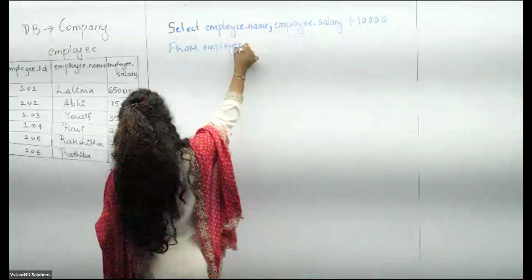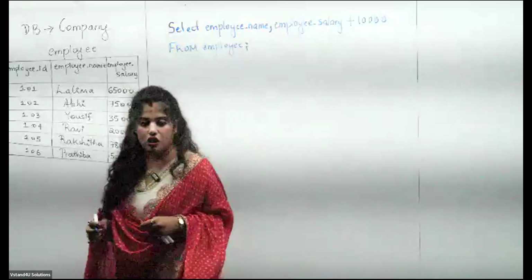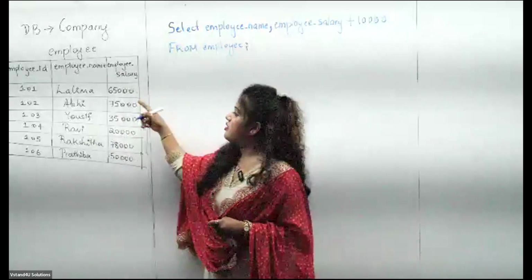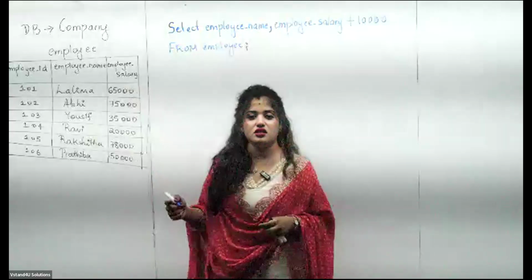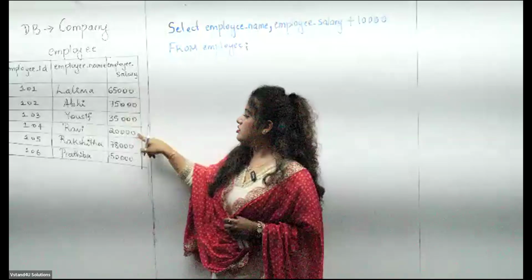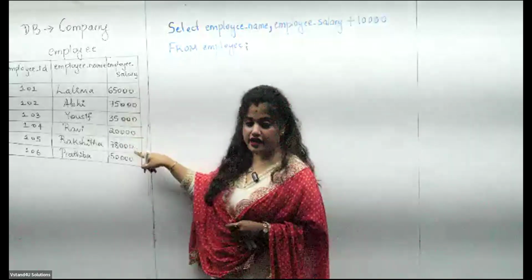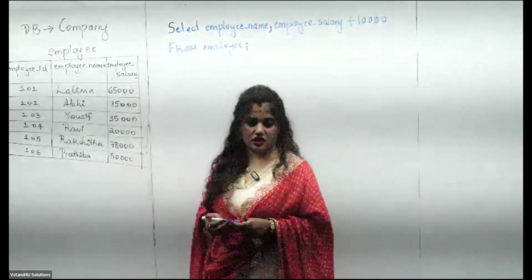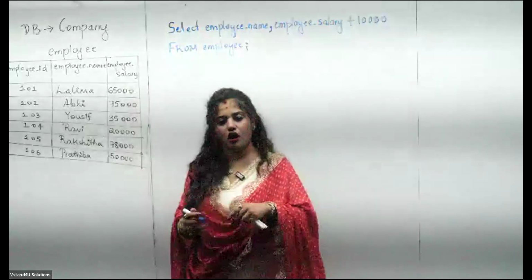Yes or no? So now what is the output I'll get? 65 plus 10,000, 75, 85, 45, 35, 88, then 60. Yes, this was the output you saw yesterday.